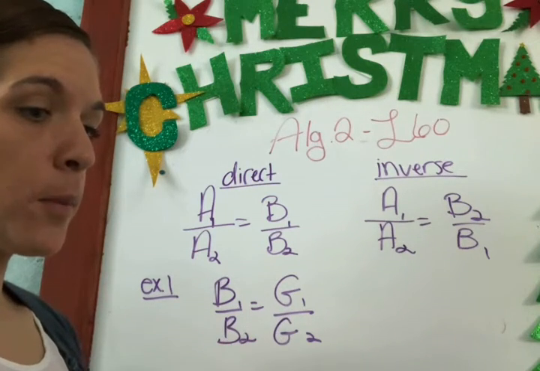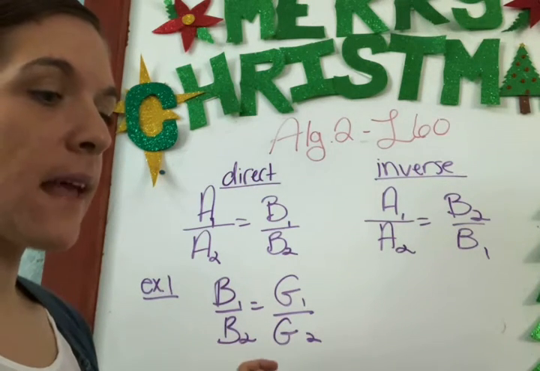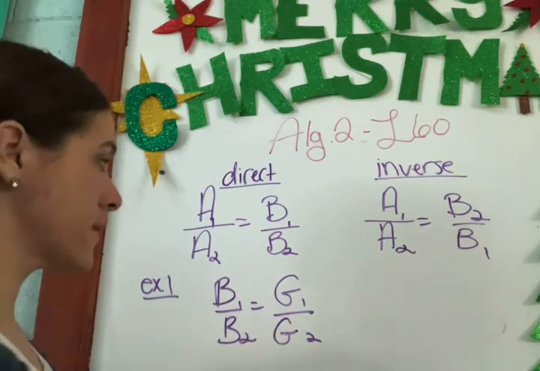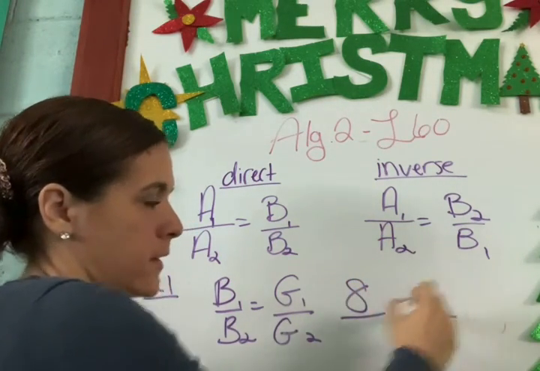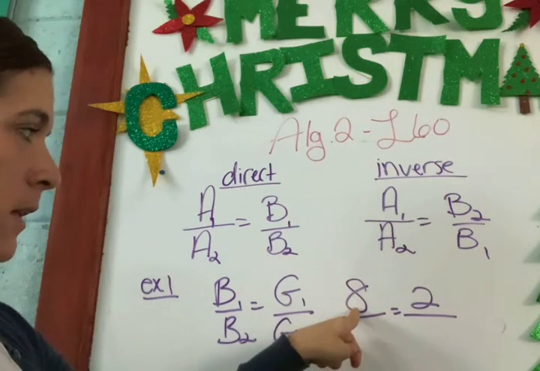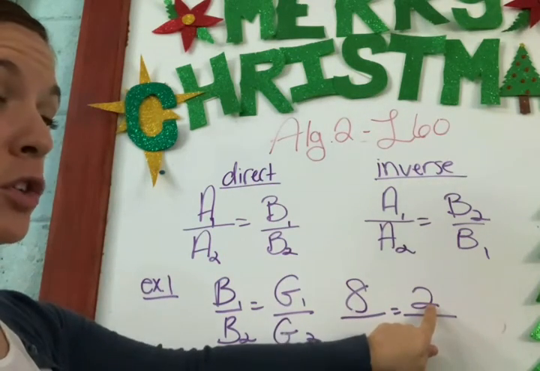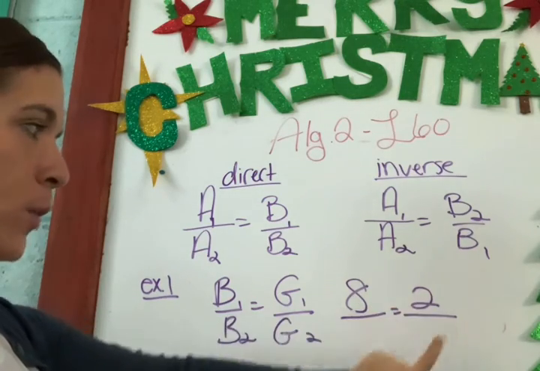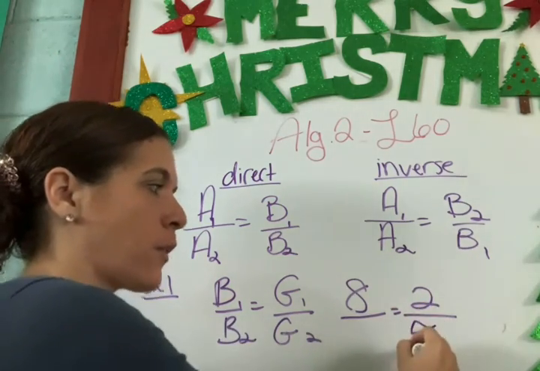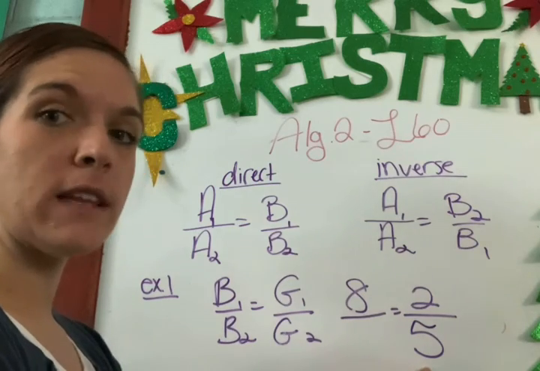Direct proportion. That means that in one room there are 8 boys to 2 girls. That's the first room: B1 is 8, G1 is 2. If there are 5 girls in the other room, so that's G2, how many boys are in this room?